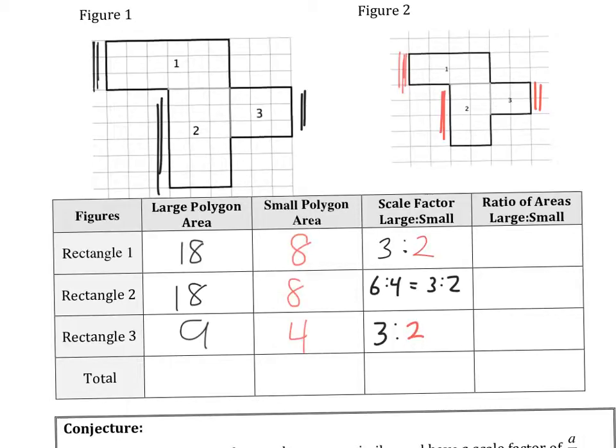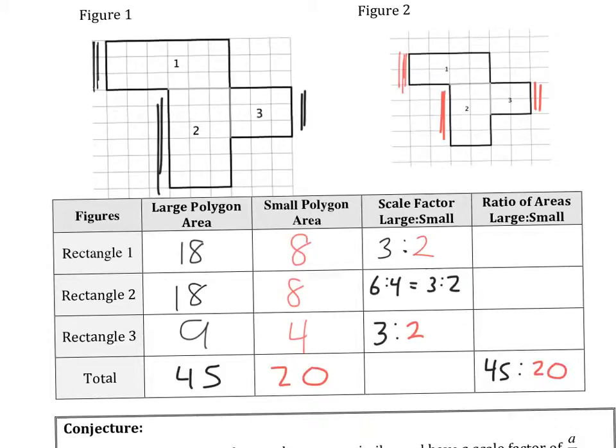Now if we look at adding everything up here, all three of those add up to 45, and all three over here add up to 20. So that's 45 over 20 for the areas in this column, and we'll get back to that in just a second.